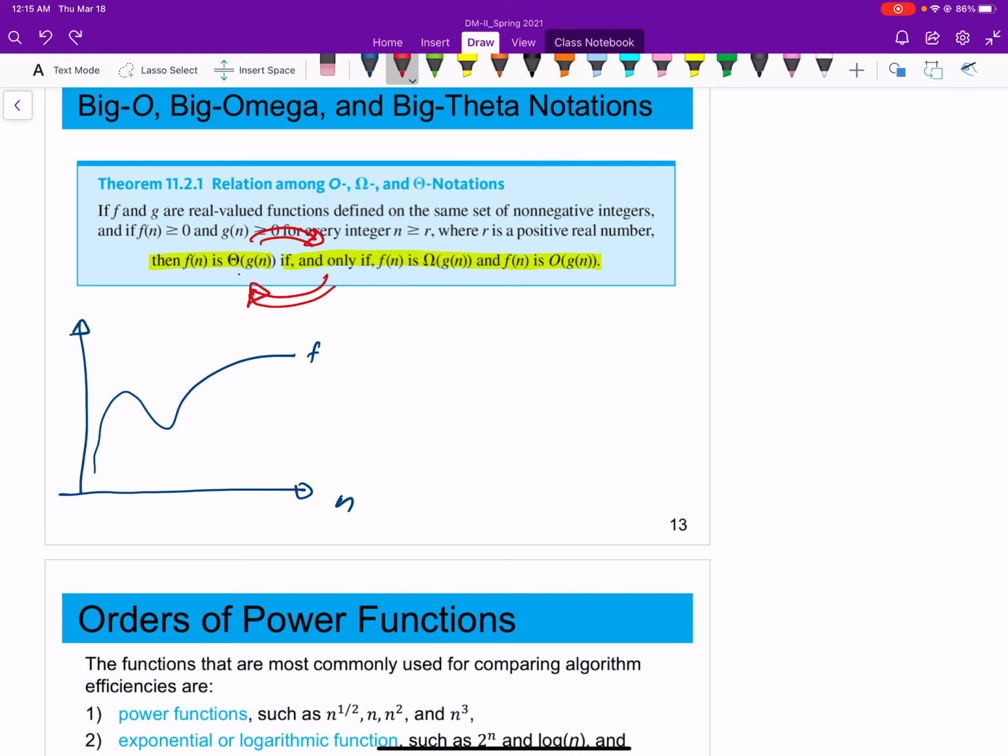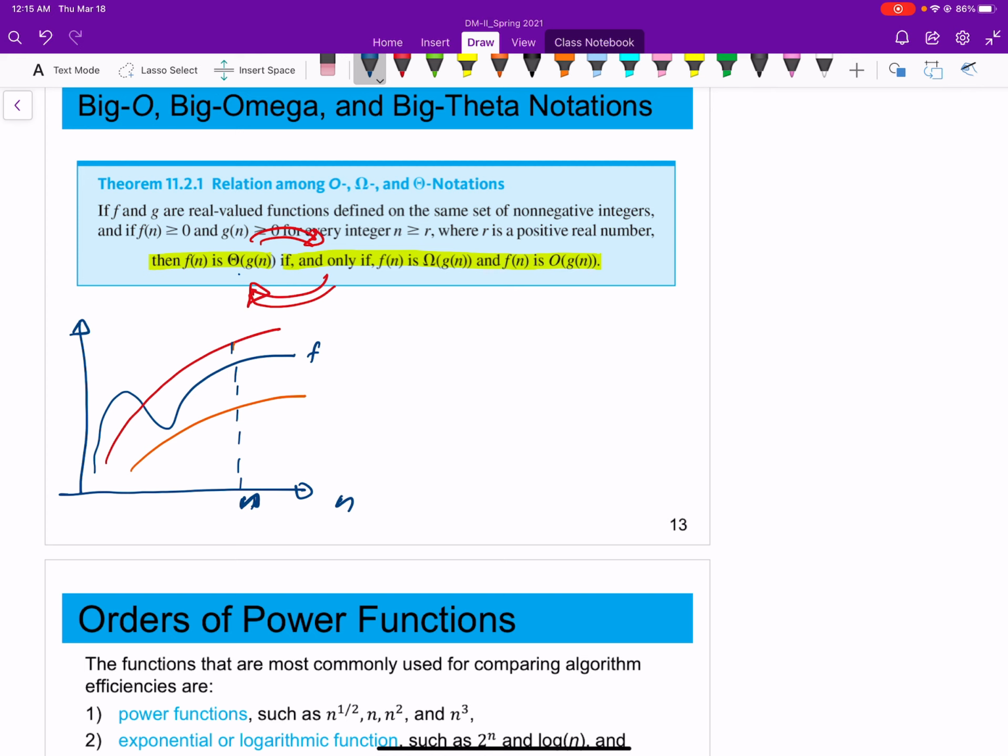This is bounded above by a function, and it is also bounded below by a function, when n is sufficiently big.